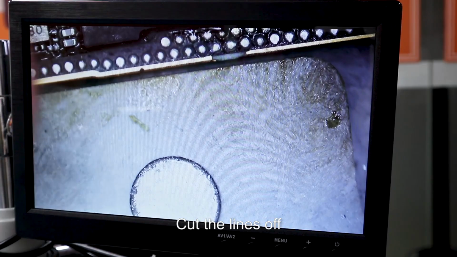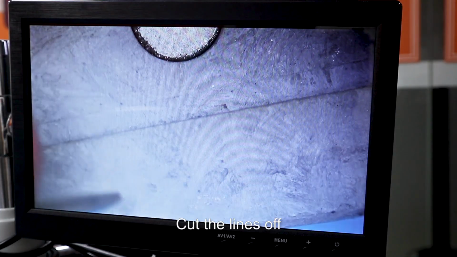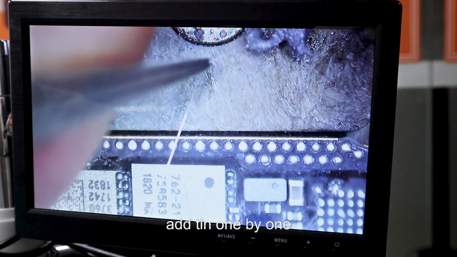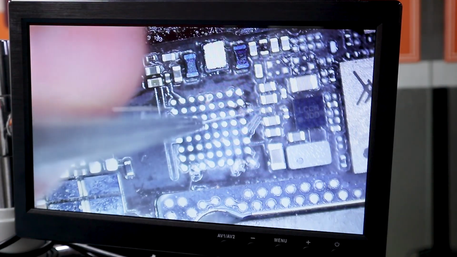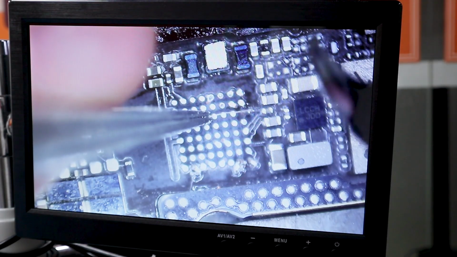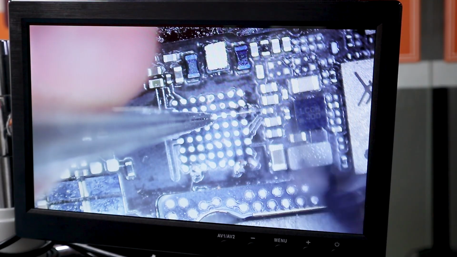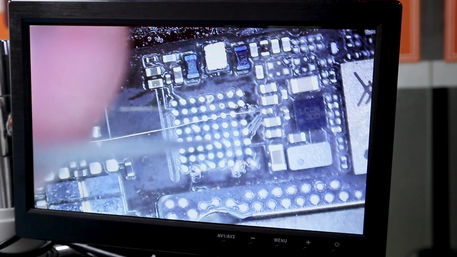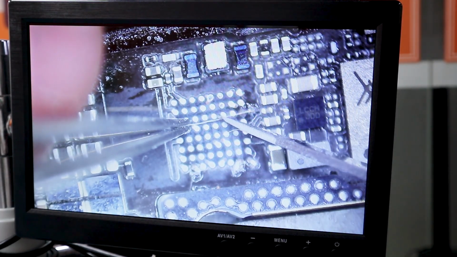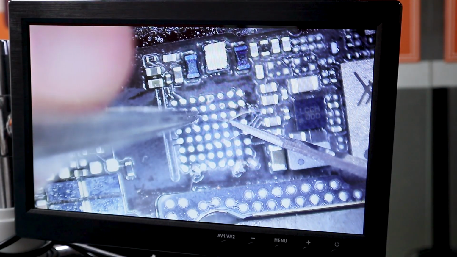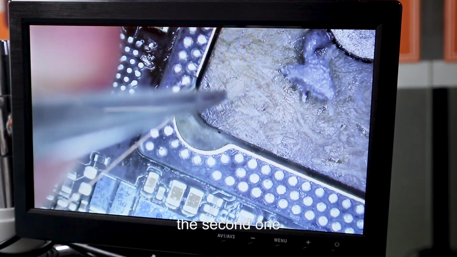Cut the lights off. Add tin one by one. The first one. The second one.